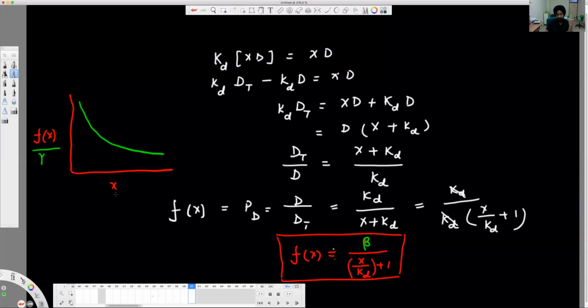So when x is equal to Kd, let us say I actually plotted not the x, but the x by Kd ratio on the x-axis. Then when this value is 1, which means that x is equal to Kd, then we reach half of the maximal production. Okay, so that's the typical curve of Hill's equation.